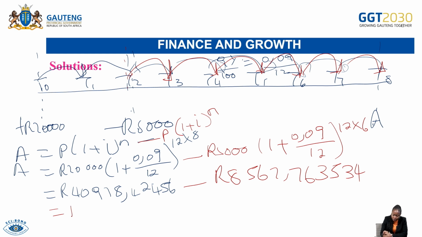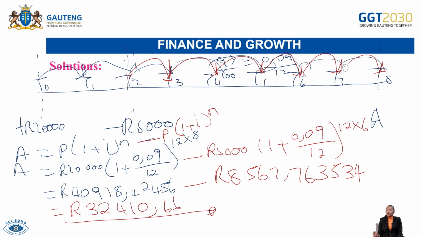So you will have 32,410.66. So at the end of T8, or year 8, you are going to have 32,410.66. So whenever there is a withdrawal, you subtract, and whenever there is a deposit, you add, and you also add the interest that is going to be accumulated.